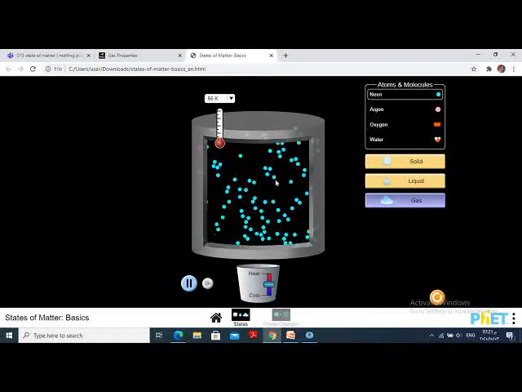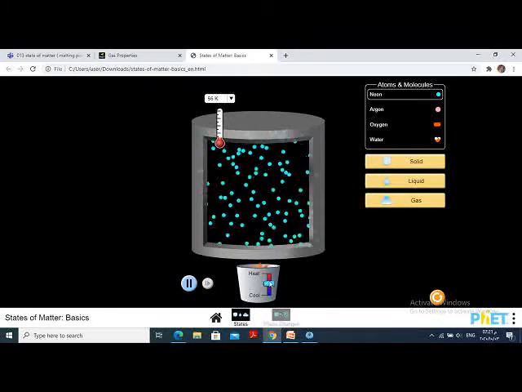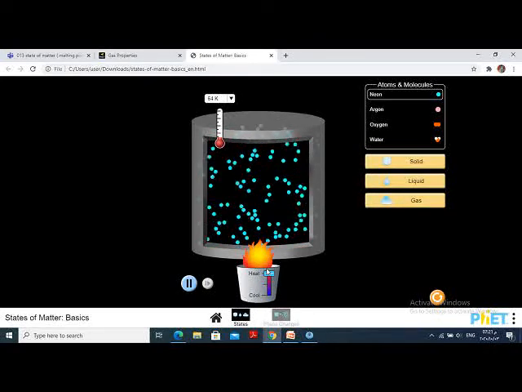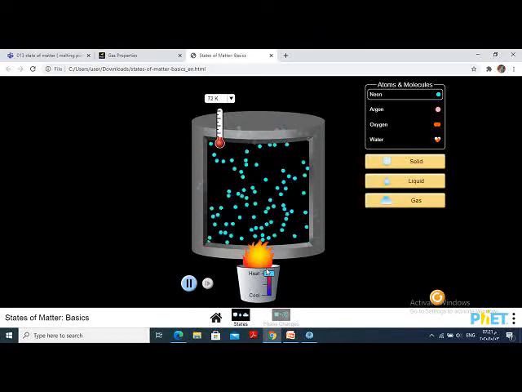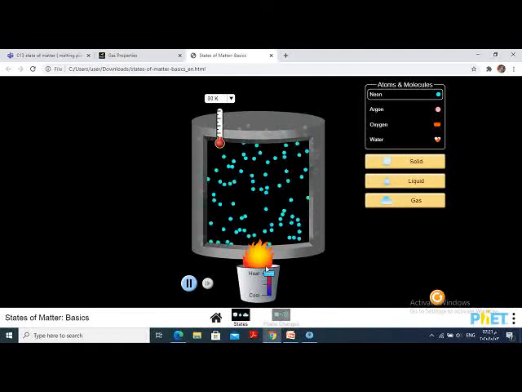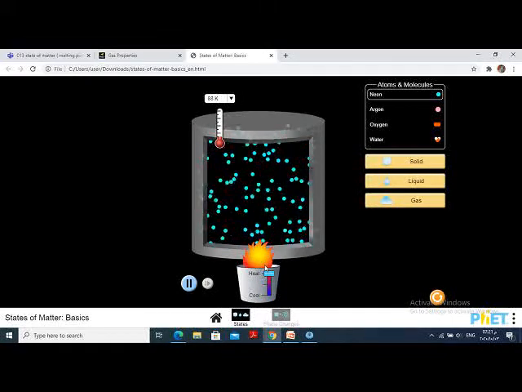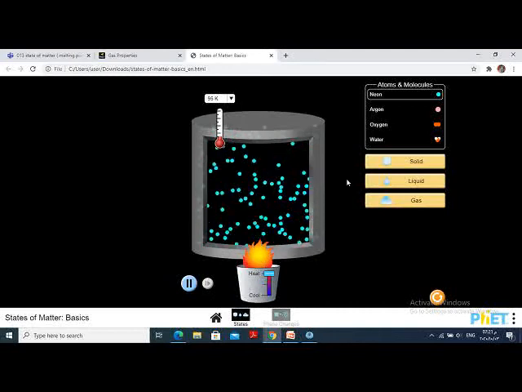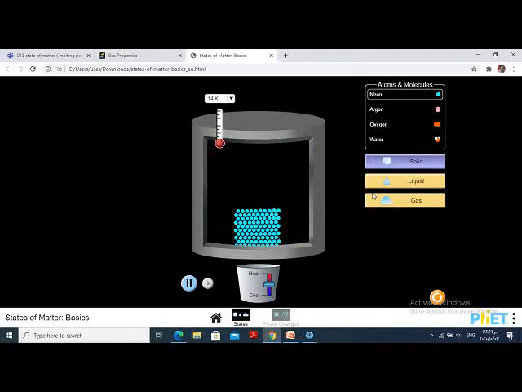Okay, so if I change the thermal energy, the temperature changes, the particles speed up, and that means we change the state of matter. So look again here.